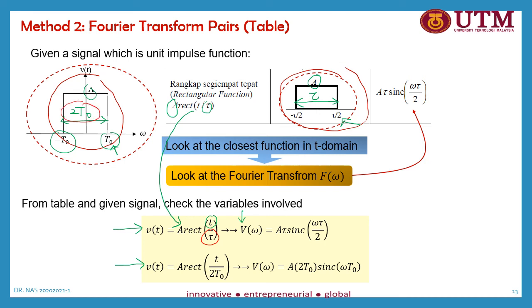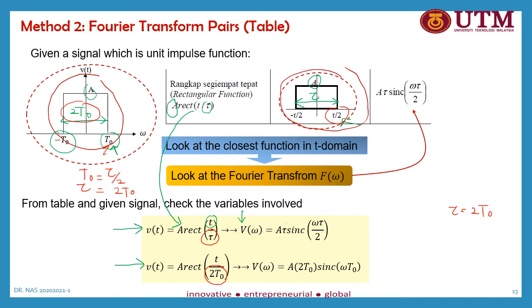So the width of your signal is 2 T naught, meaning that in this case, tau equals 2 T naught. Or from the function, you can see that your T naught is equal to tau over 2. So tau is equal to 2 T naught. Now look at the equation in Fourier transform.